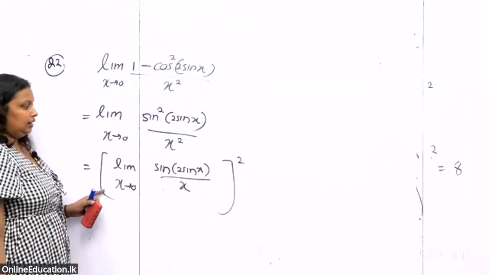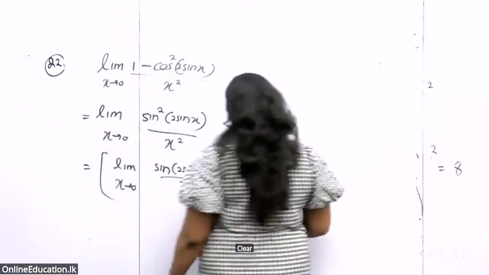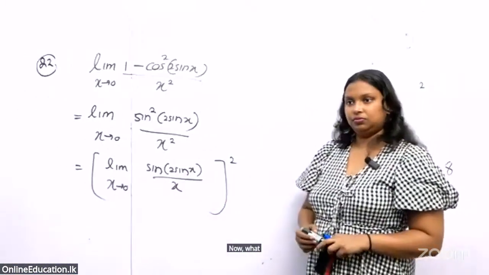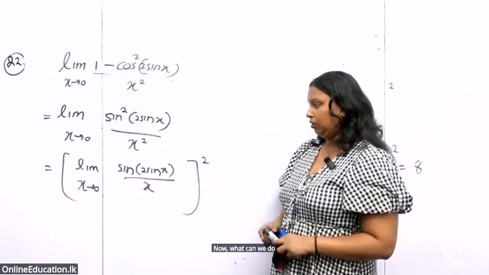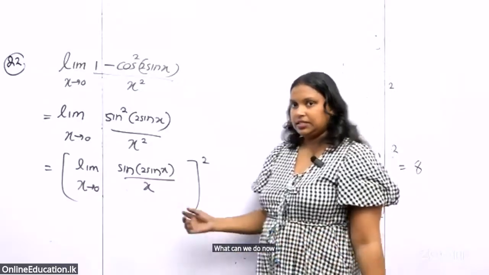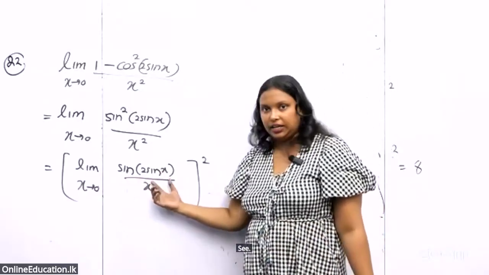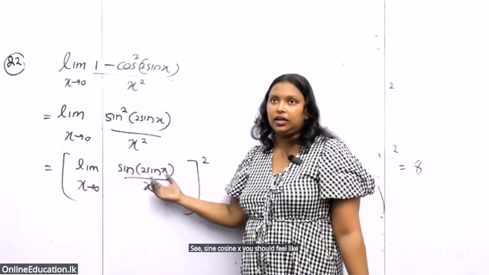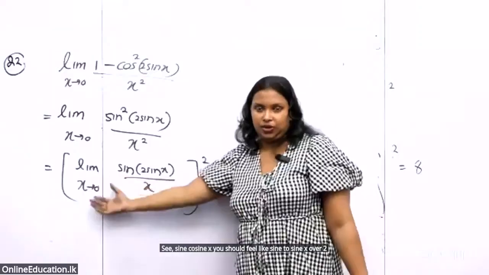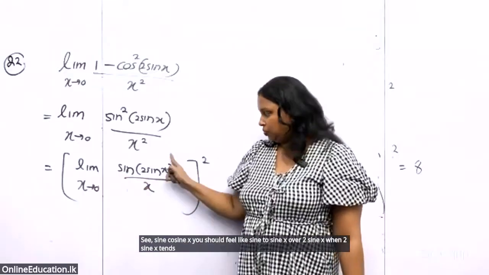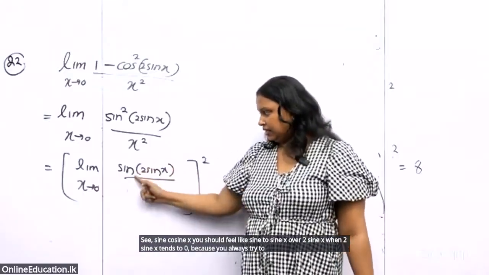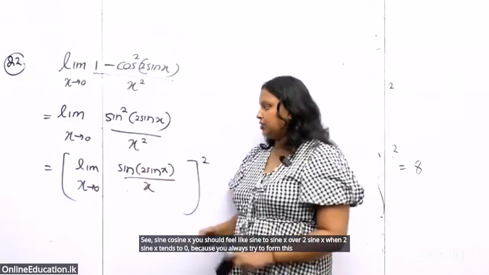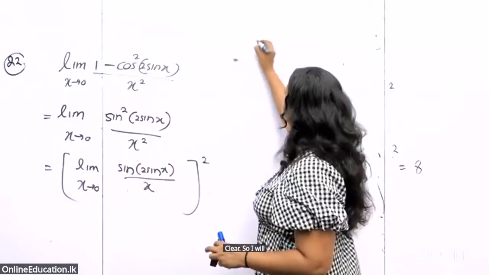Clear? Right. So now what can we do? See, sine 2 sin x, you should feel like sine 2 sin x over 2 sin x when 2 sin x tends to 0, because you always try to form this thing. Clear? So I will write like this.